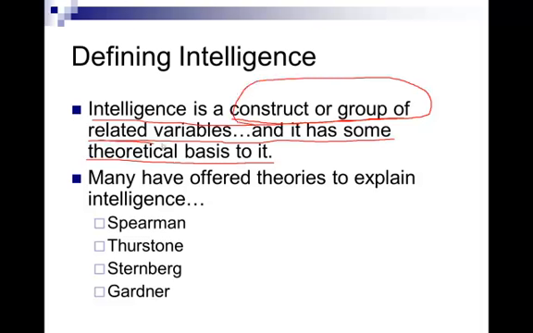These are things that are related to each other, like your ability to reason, your personality, your computational ability, and your ability to learn. So there are a lot of different variables out there. And yet it has some theoretical basis to it. Some, like Spearman and others, have done some research into it and come up with some kind of theory of intelligence.